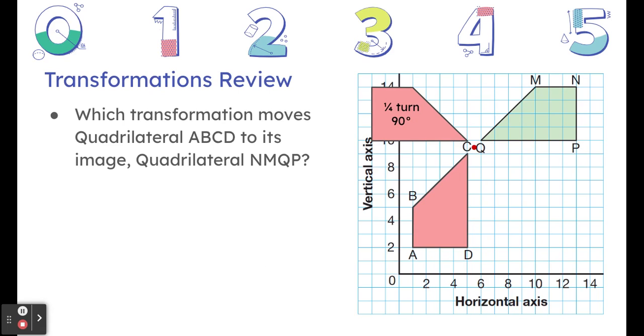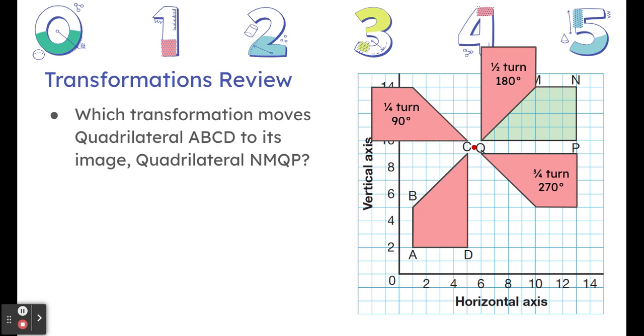Well, that's not what we're looking for. So let's try another quarter turn. That brings us to a total of a half turn or a 180-degree rotation. And we still haven't managed to match up with the green shape, which is the image MNPQ. Let's try one more turn.